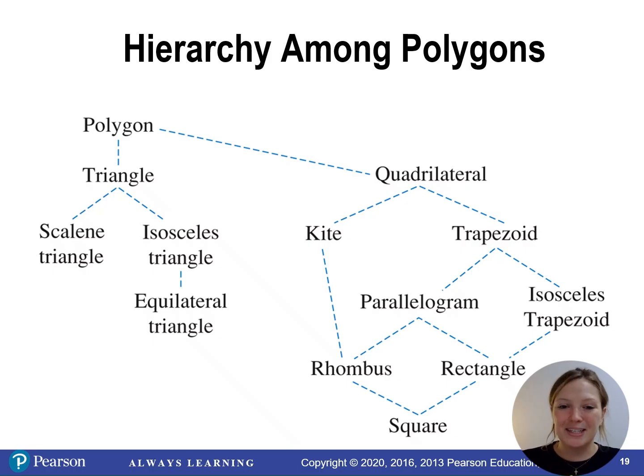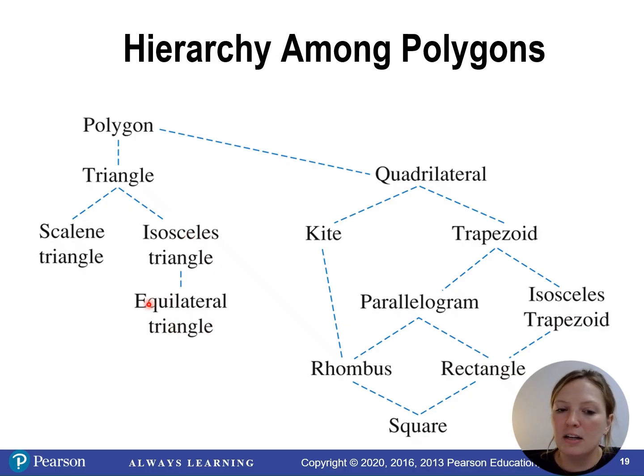So we can now construct a hierarchy among different polygons, showing which special types of polygons are also other types of polygons. Looking at the triangle side, if we start with polygon, we can split it into triangles, which are three-sided, and quadrilaterals, which are four-sided. Among triangles, we have scalene triangles, meaning no sides congruent, so all three sides are different lengths, or a situation where at least two of the sides are congruent.